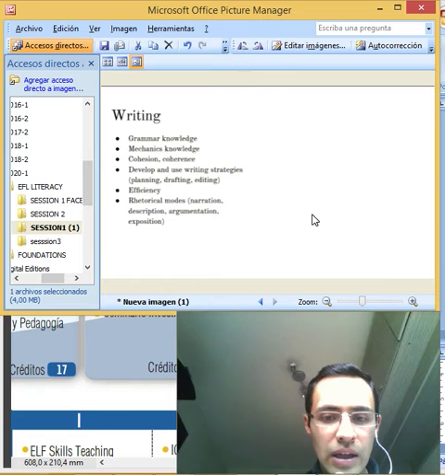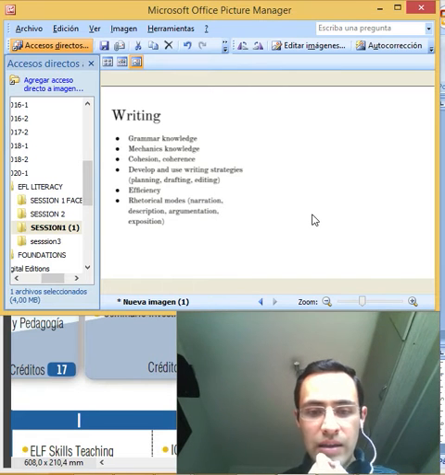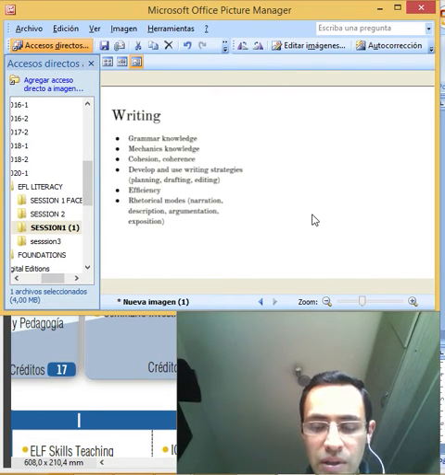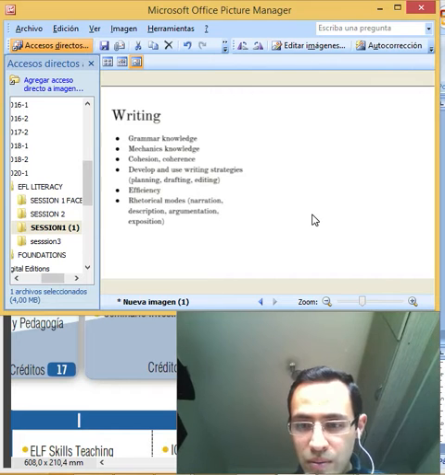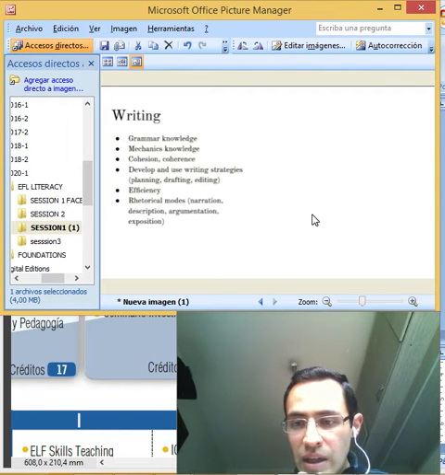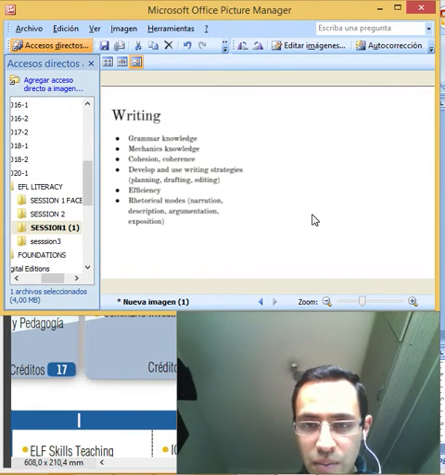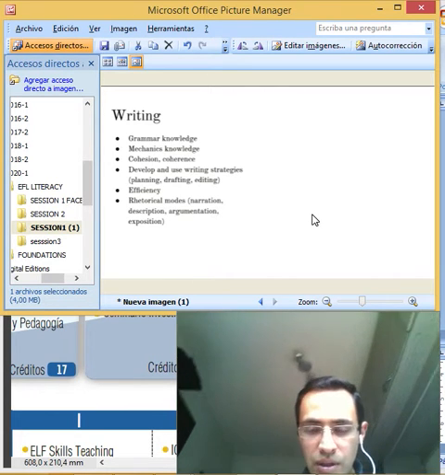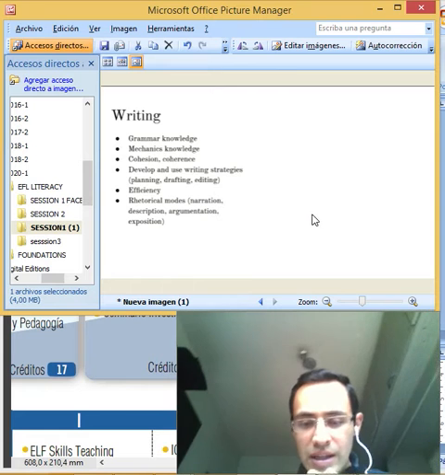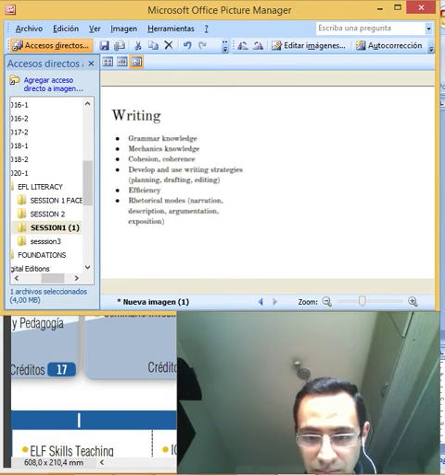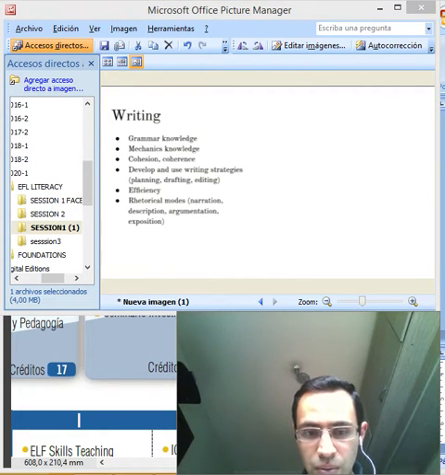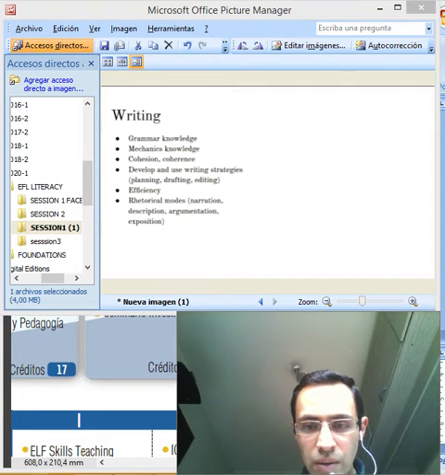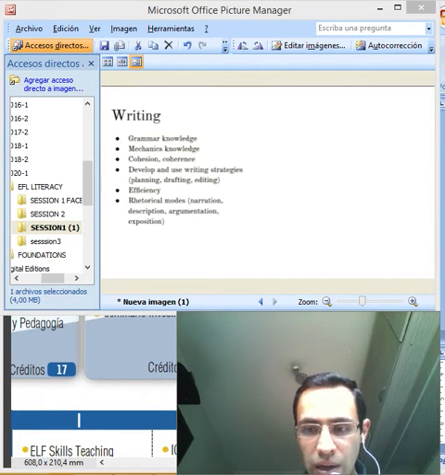So I think it's not only the simple way to define literacy. There is more than the definition of only reading and writing.